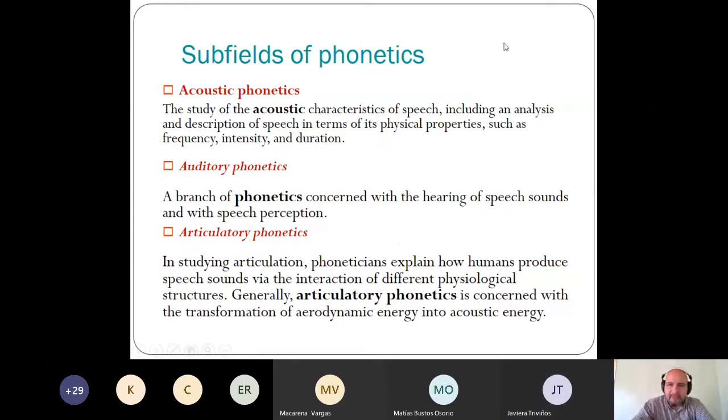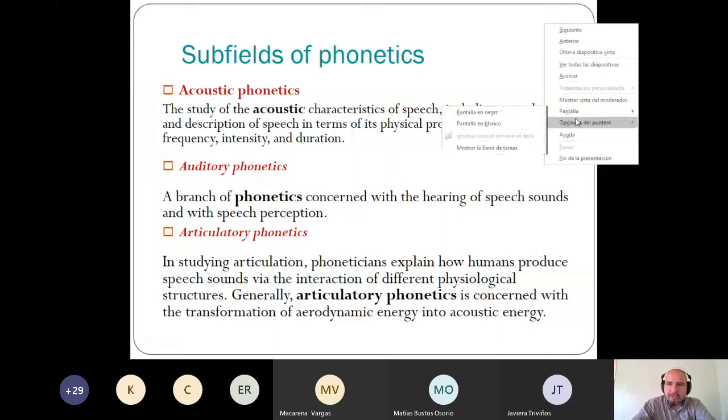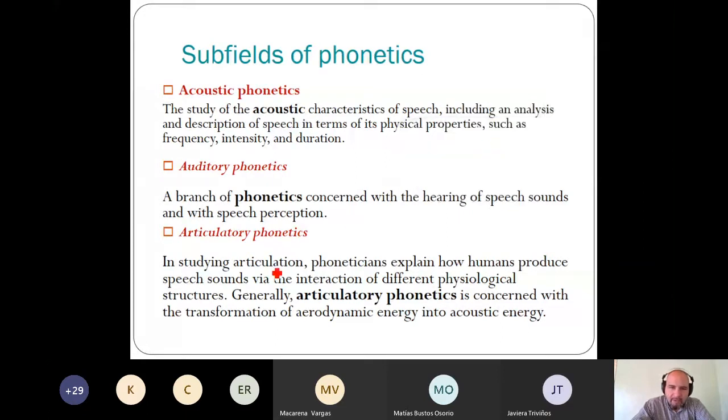So, by the way, if I don't know, for example, how to pronounce this word, what I expect from you all is to write this word down and look up the pronunciation.